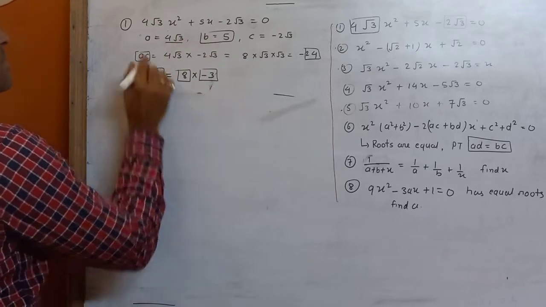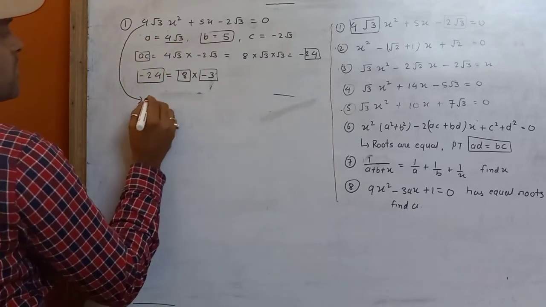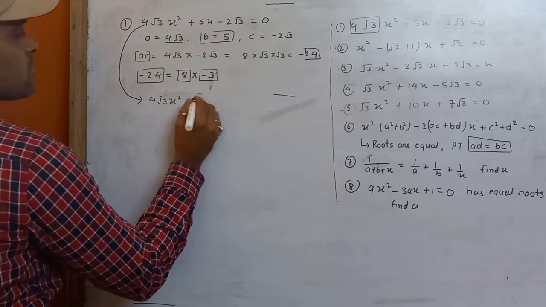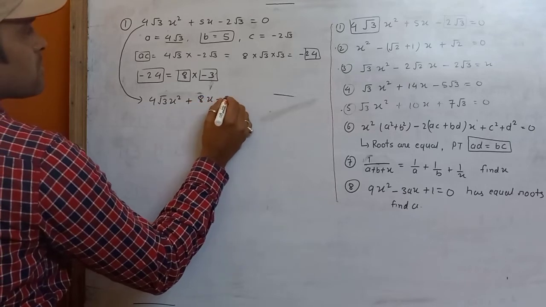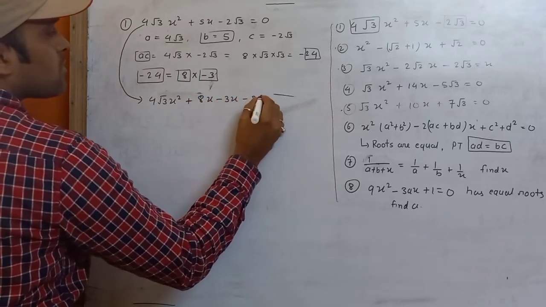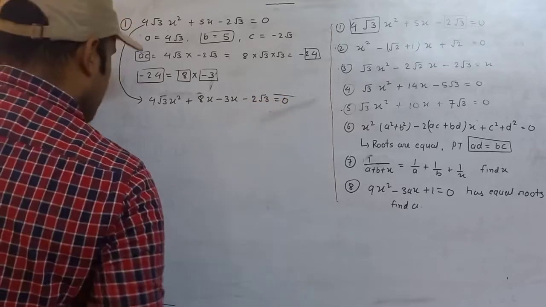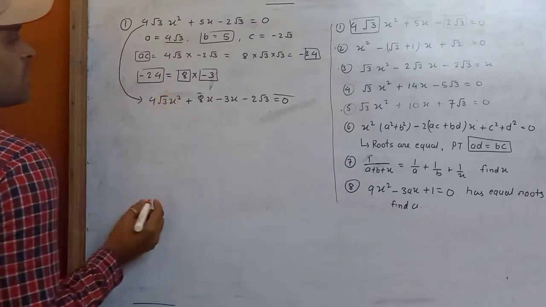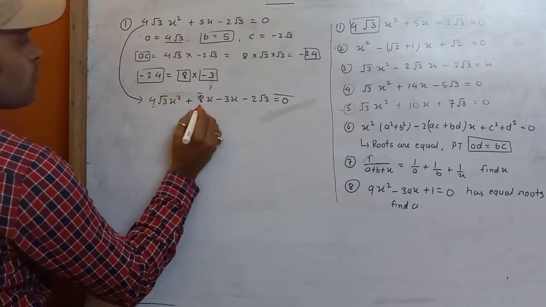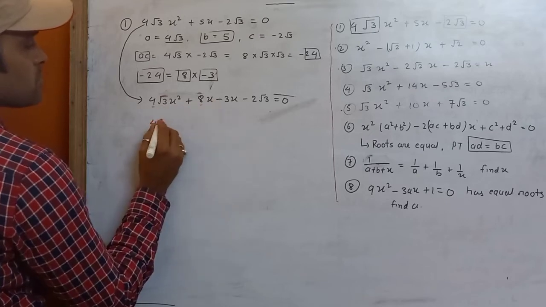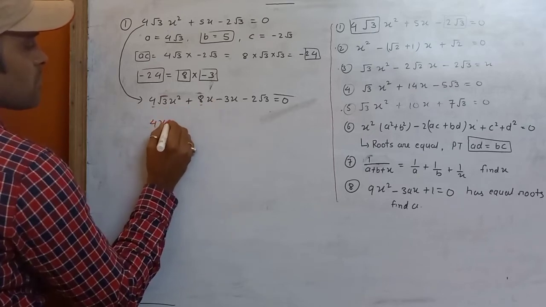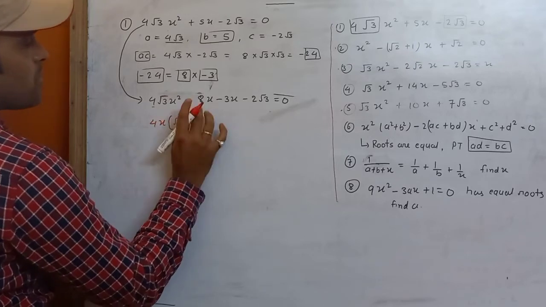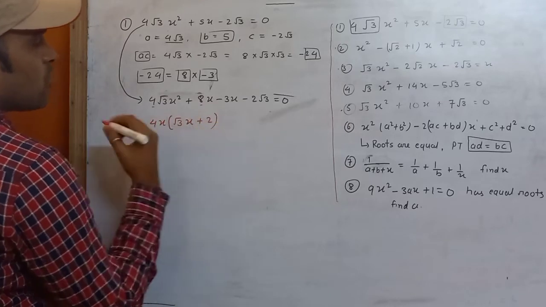So I will write the quadratic equation again. 4 root 3 x square, and 4 will be common from both the numbers. Root 3 x and plus, here it will remain 2 only.